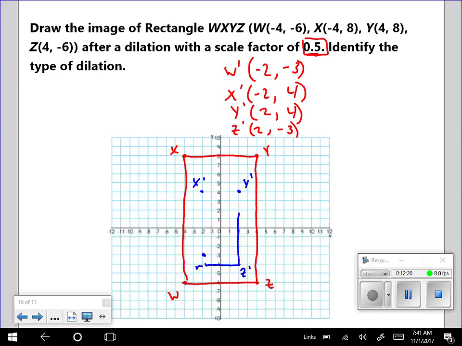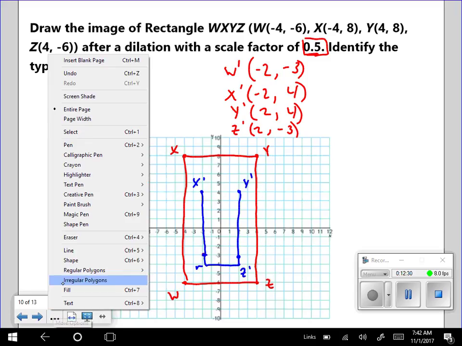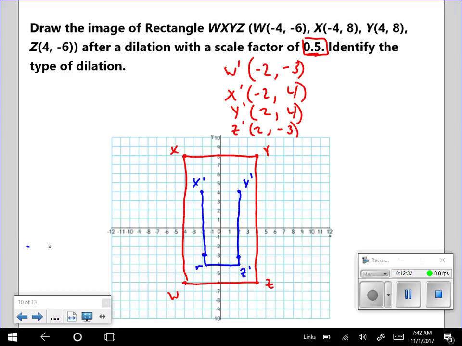So as you can see, the type of dilation is a reduction. Oops. Goodness gracious. At these points. Okay.